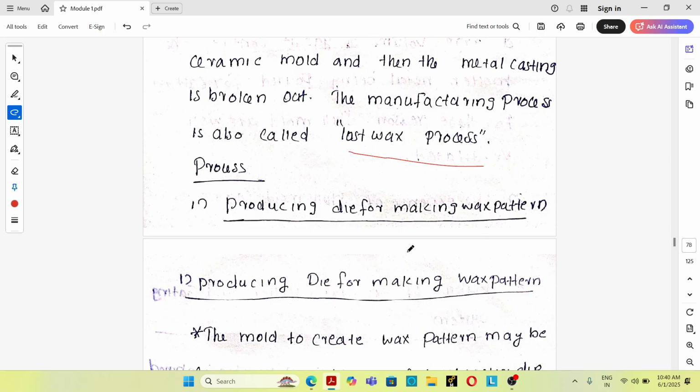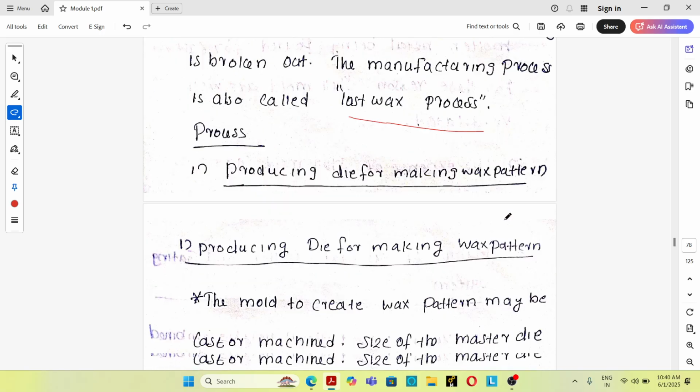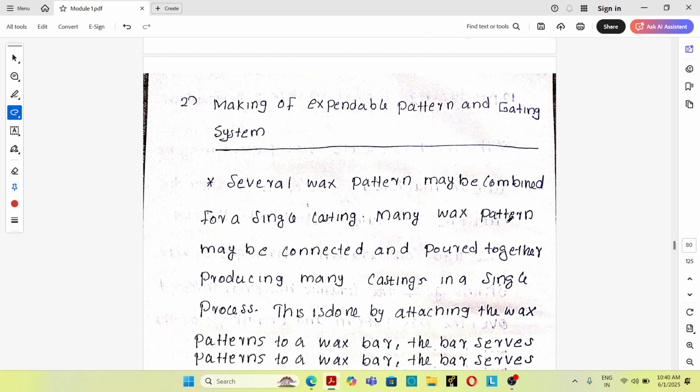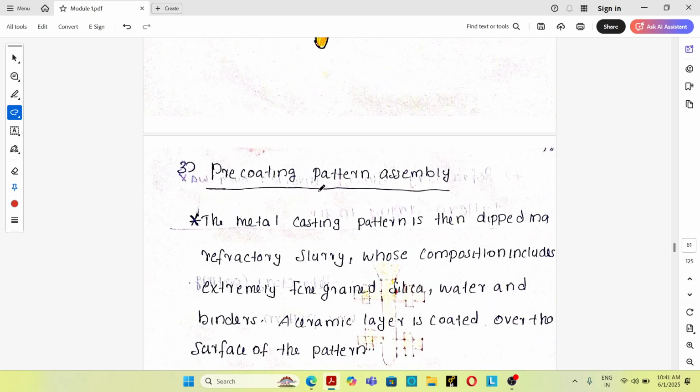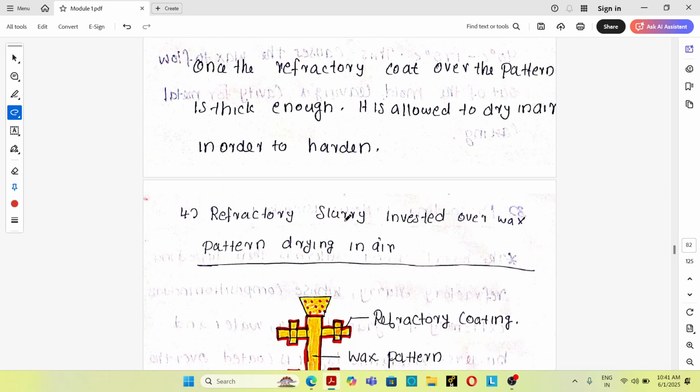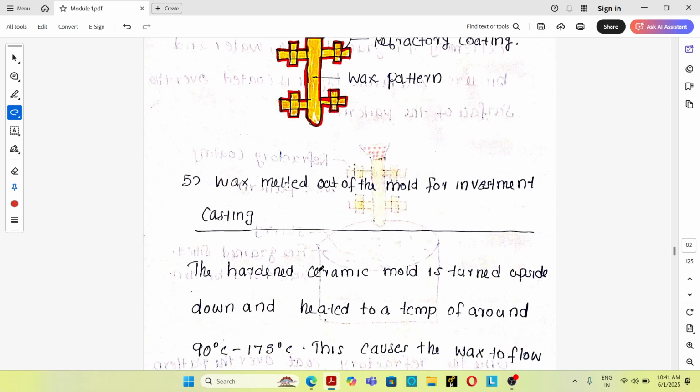So there are different steps in the investment casting process. First one, producing a die for making the wax pattern. Second step, making of expendable pattern and gating system. Third step, pre-coating pattern assembly. Fourth step, refractory slurry invested over the wax pattern and drying in air.